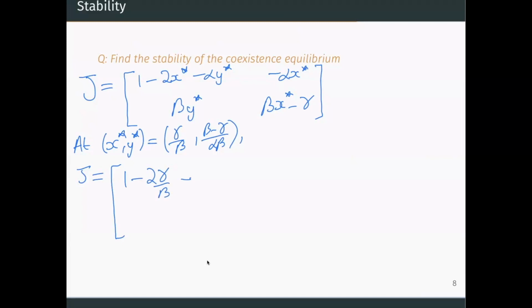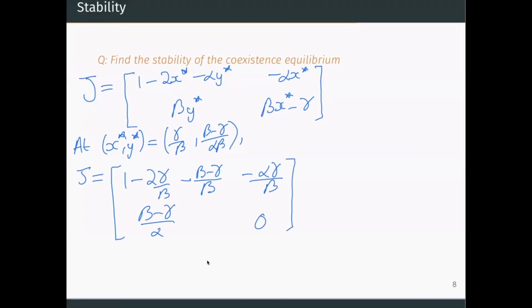So the alphas are going to cancel. We're going to have beta minus gamma over beta. In the top right, we'll have minus alpha gamma over beta. Bottom left, we'll have beta minus gamma over alpha. And then in the bottom right, x star is gamma over beta, so we'll actually end up with a 0 here.